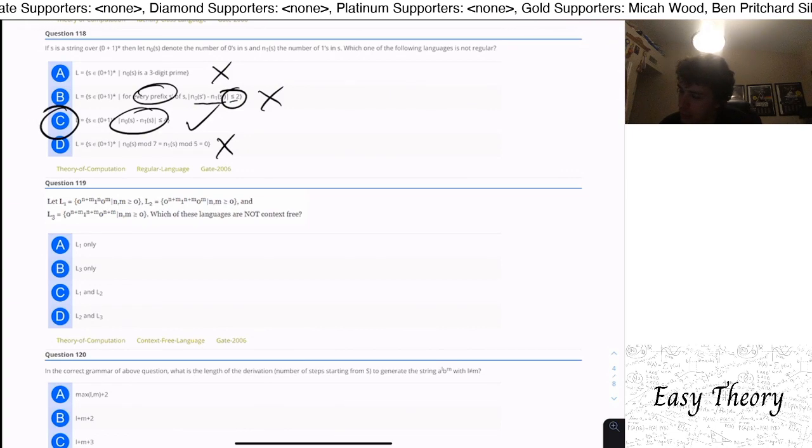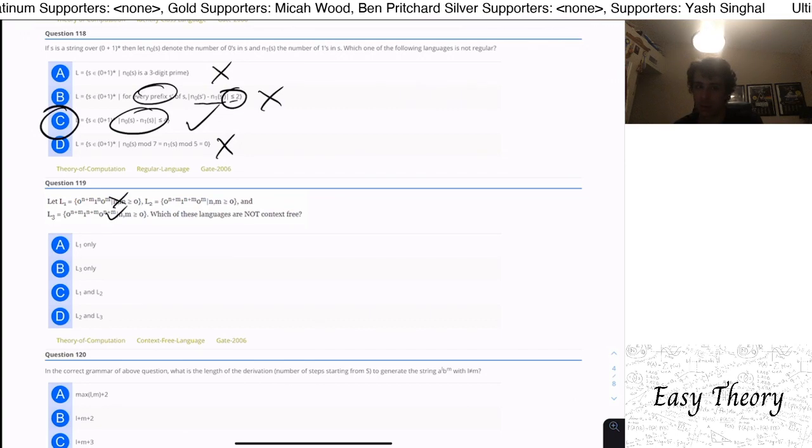Which of these is not context-free? L1 is context-free. L3 isn't, I don't think. So L3 I'm gonna pick. What about L2?